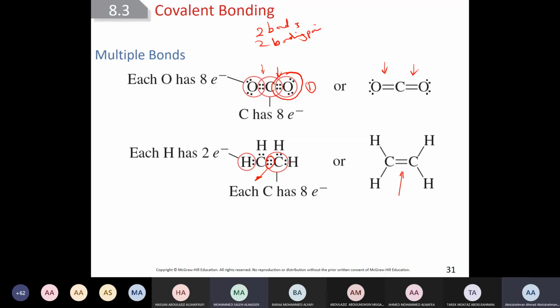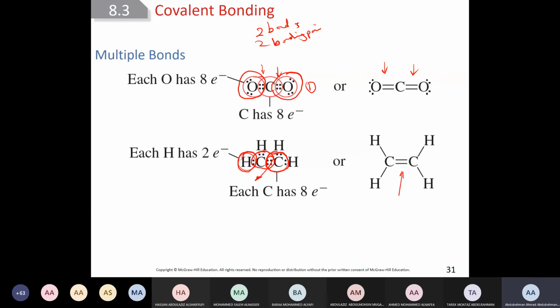How many around this oxygen? 8, which is happy. How many around this carbon? 8, which is happy. How about this carbon? 8. How many around this hydrogen? 2. Hydrogen does not want more than 2.